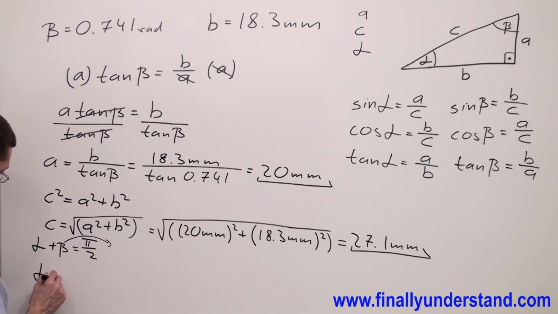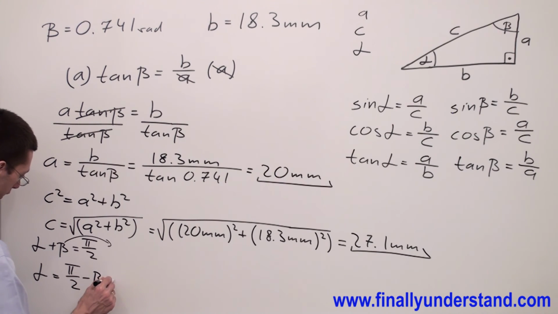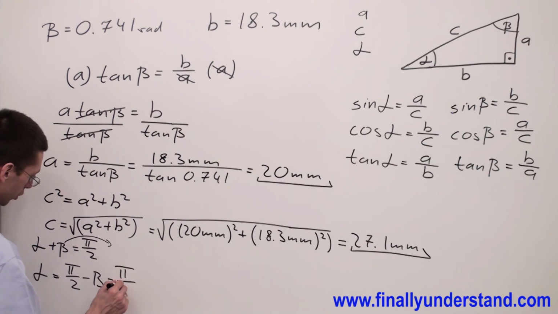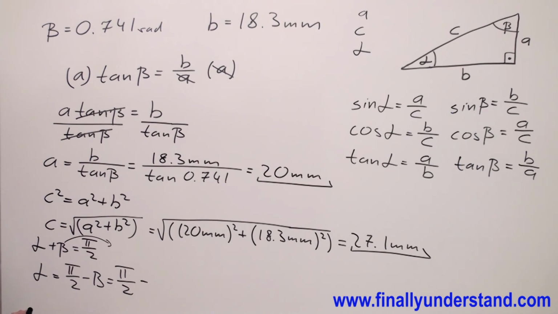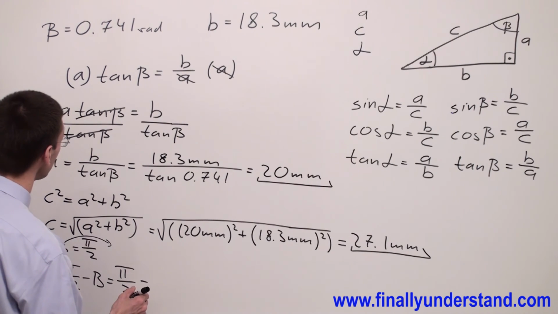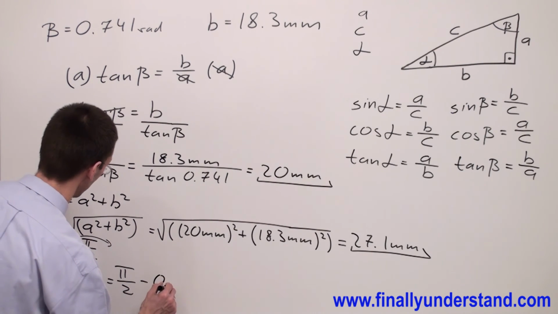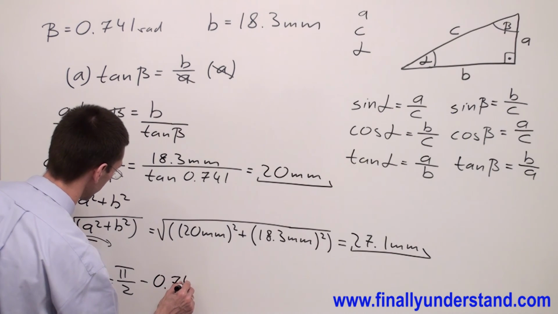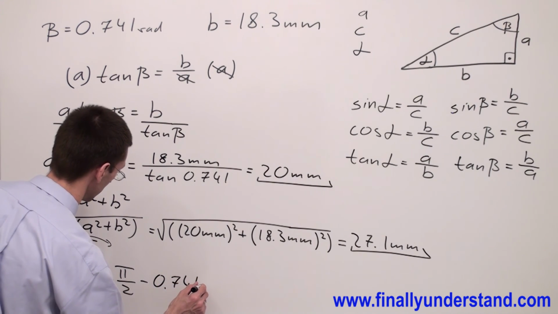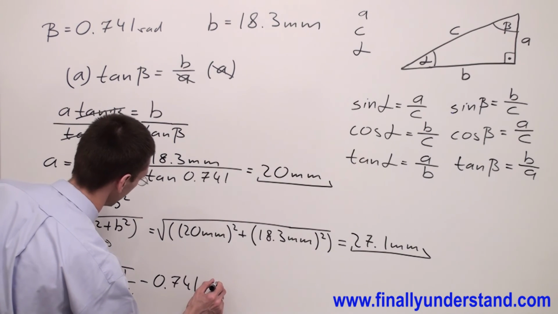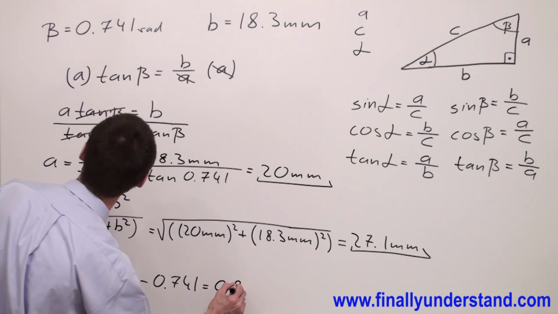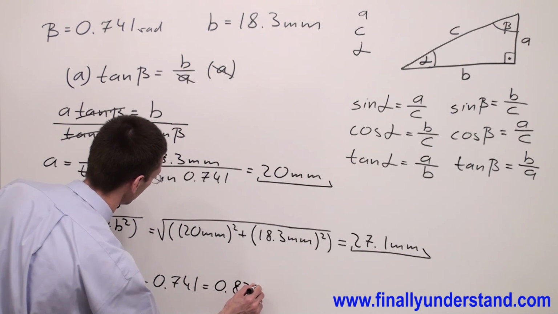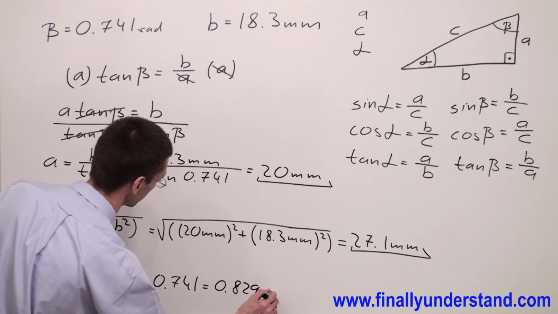So alpha is equal to pi over 2 minus beta, which is equal to pi over 2 minus 0.741 radians, which is equal to 0.829 radians.